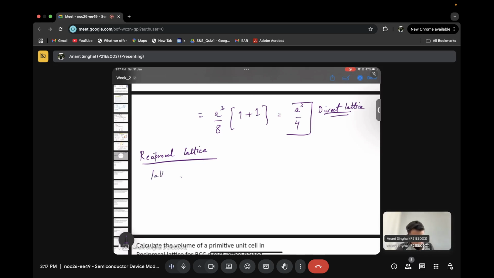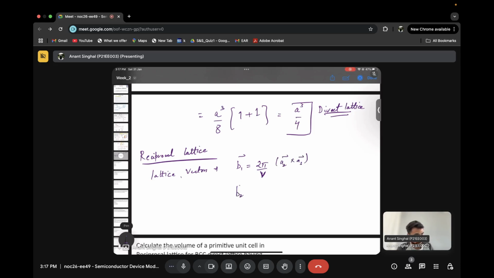For reciprocal, we have the lattice vectors b1, b2, b3. Let me write that. b1 is given by 2 pi by volume, where the volume is the direct lattice volume, which is this, multiplied by a2 cross a3.